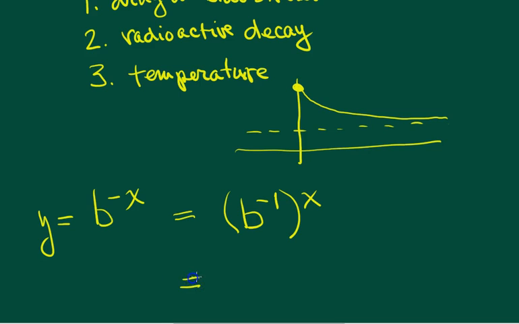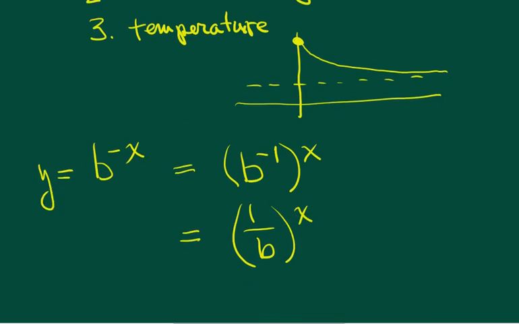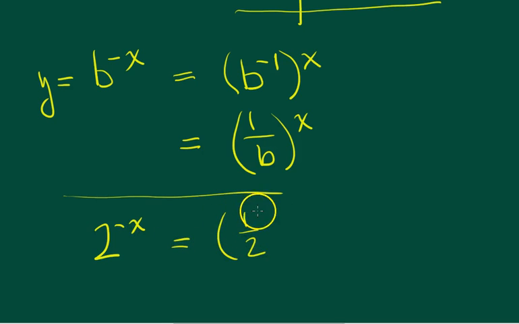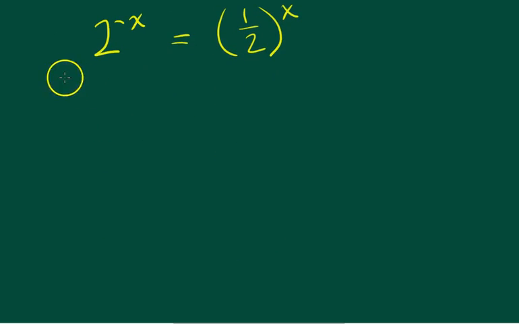And again, by the rules of exponents, that's equal to 1 over b to the x. Okay, so in other words, if we have 2 to the negative x power, that's equal to 1/2 to the power x.